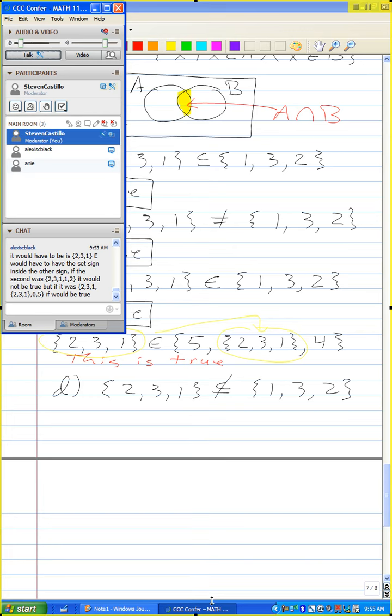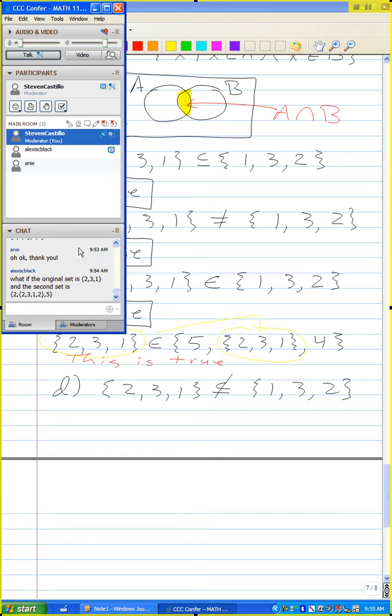Correct. And so if you just had a whole list of numbers, then no, because the set that you wrote here, {2, 3, 1, 1, 2}, is just the same as the set {1, 1, 2, 3}.